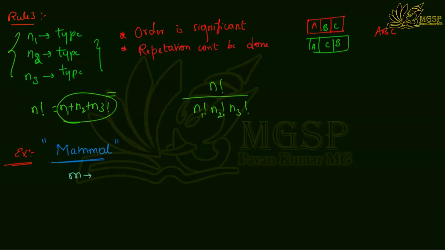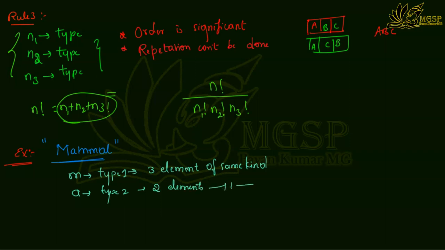So M is the first type, which has three elements of the same kind. Similarly A is another type, type 2, which has two elements of the same kind.